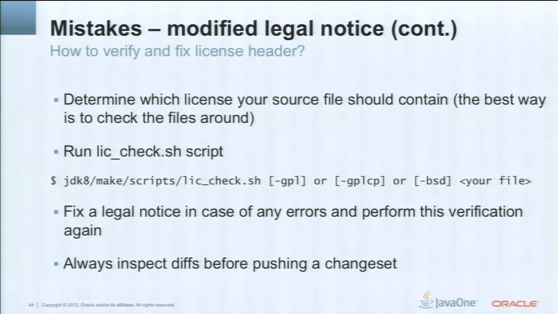So if you doubt that something is wrong in your legal notice, it's definitely better to run the script. For example, it's really hard to find some mistakes in a legal notice by the human eye. It could be maybe a comma, or just an extra space or something like that. That script actually catches that error.